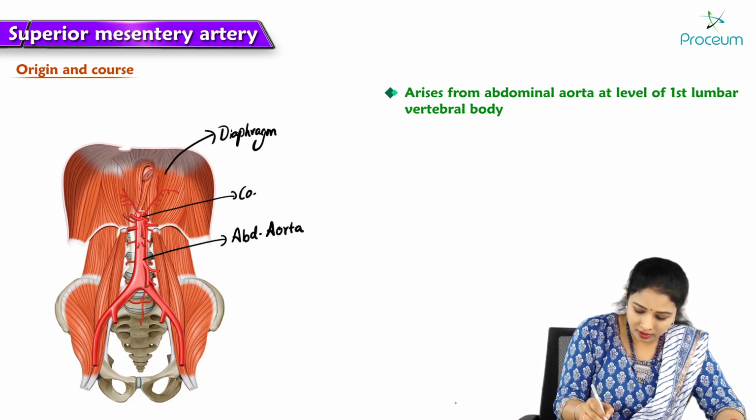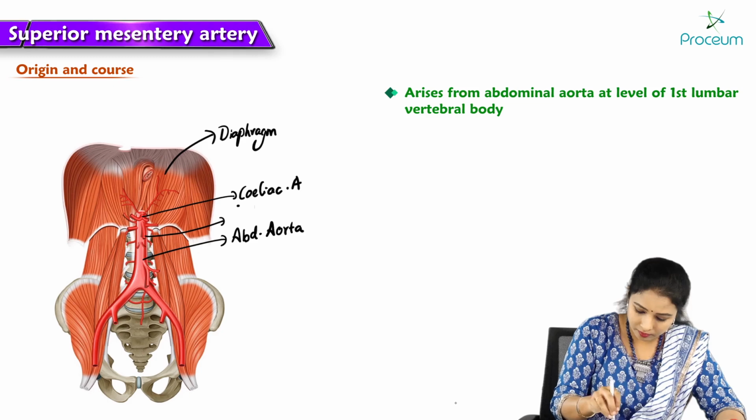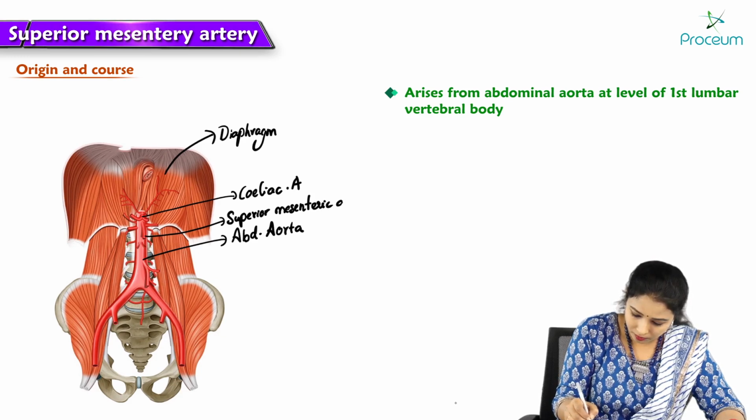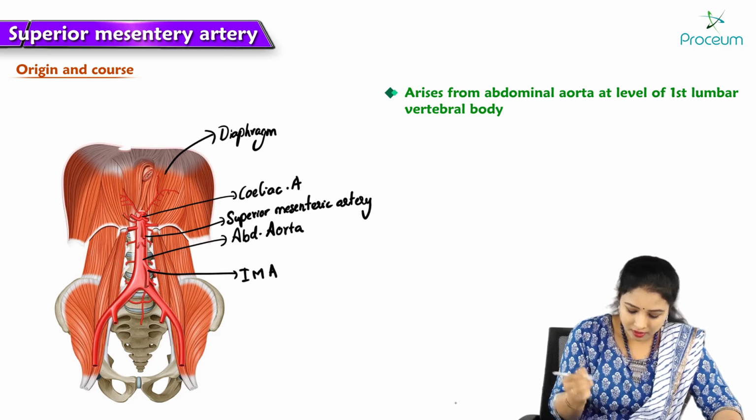So this is the celiac trunk, or celiac artery, and here is the superior mesenteric artery. And the lower branch is the inferior mesenteric artery.